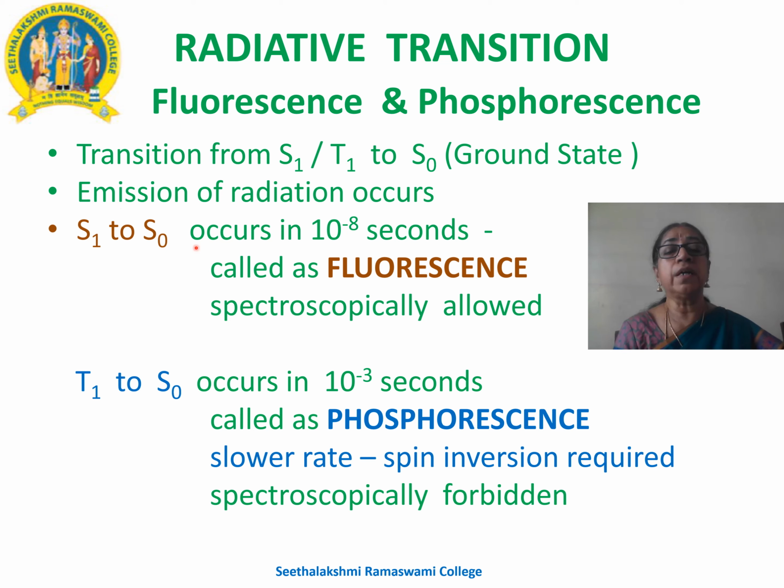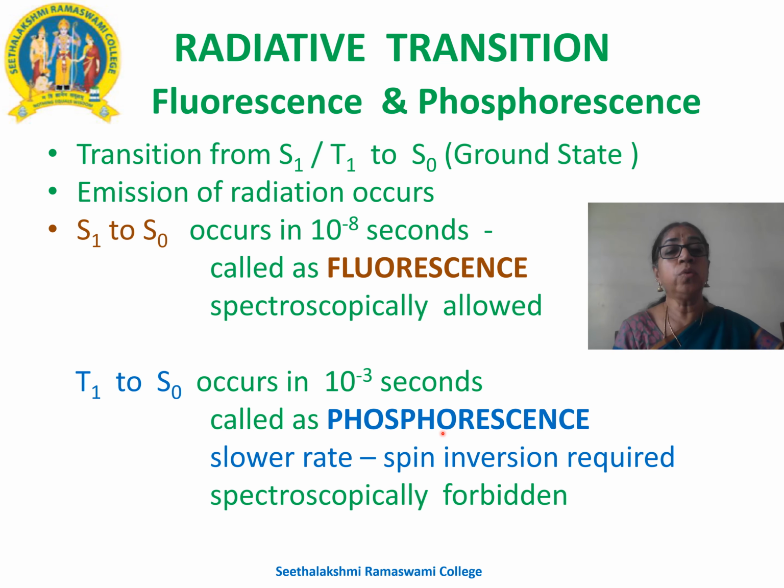This transition occurs in two ways: S1 to S0 may occur or T1 to S0 may occur. Both return processes end up with the ground state, S0. If it occurs from S1, it is called fluorescence. If it occurs from T1, it is called phosphorescence.